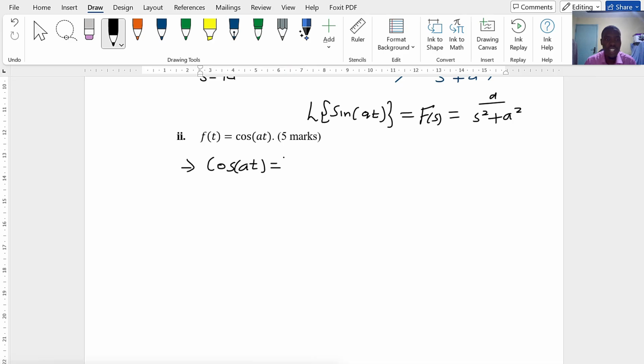Now in exponential form, cos at will be e to the i at plus e to the negative i at, all divided by 2. So this can be 1 over 2 into e to the i at plus e to the negative i at.